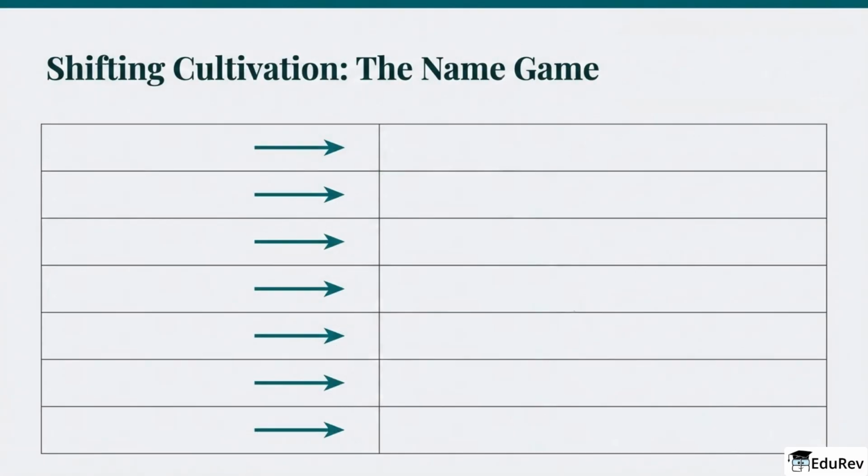Now shifting cultivation. But here the examiner usually tests it through names. Shifting cultivation is the slash and burn system in which forest is cleared, used briefly, then abandoned, and cultivation shifts elsewhere. The names vary by region, and this is a classic prelims trap. Ladang, Malaysia.